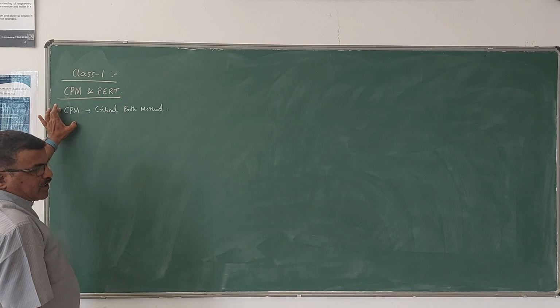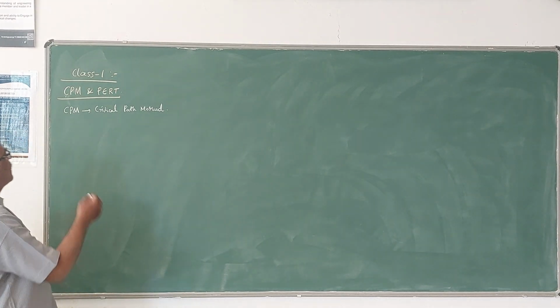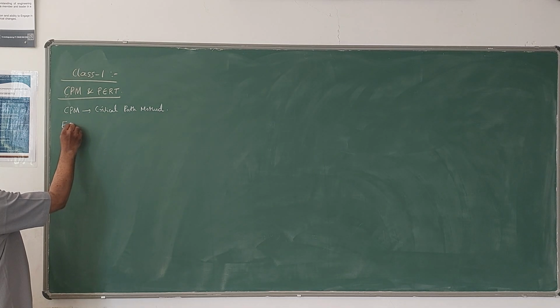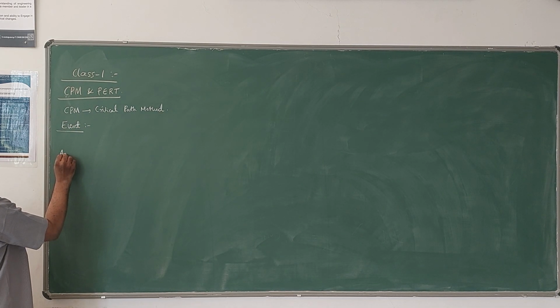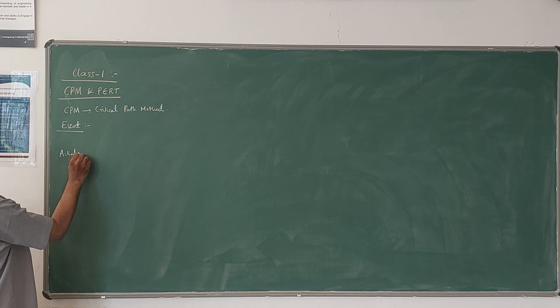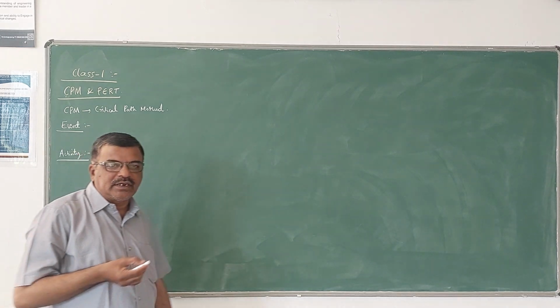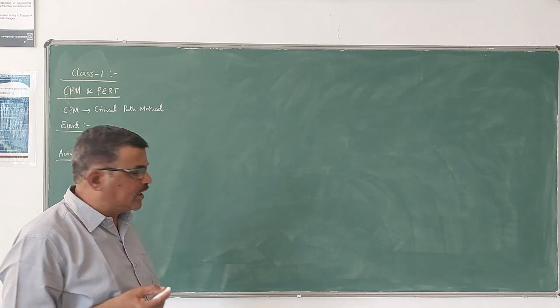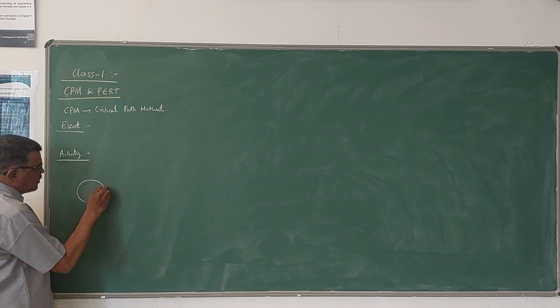Before going to the actual procedure of the critical path method, we have to understand two important words: event and activity. Any project work will have two important things. One is called the events.